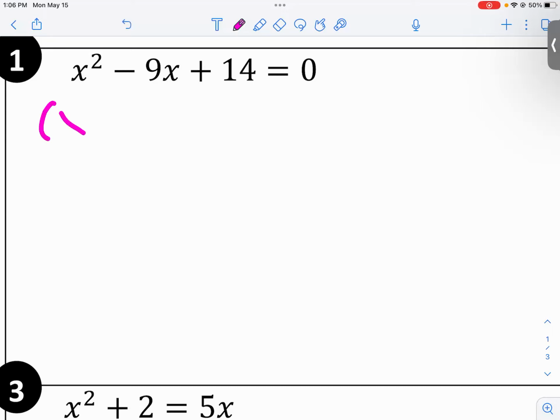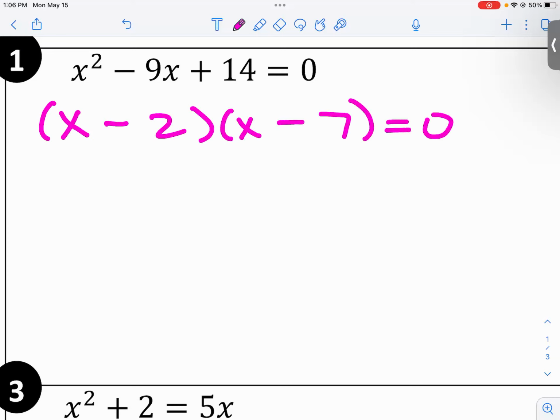Okay, we know that -2 and -7 would multiply to 14 and add to -9. So then our answers would be 2 and 7. Okay. That one was pretty quick.